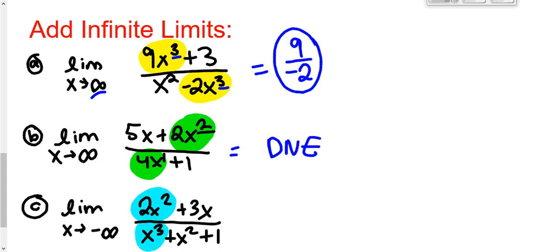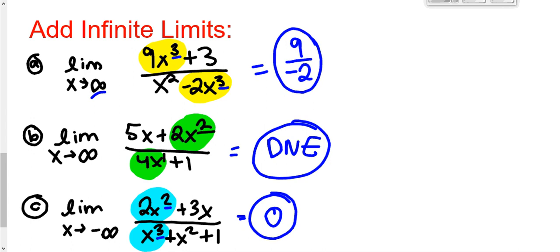On the bottom, it's the x cubed term. This time they are both in the front. That's nice. They aren't always, but when they are, we'll take it. So we compare these exponents. The larger one now is on the bottom. Whenever the larger one is on the bottom, that limit will equal 0. And those are our 3 answers for those 3 infinite limits. And that's it for this set of problems.